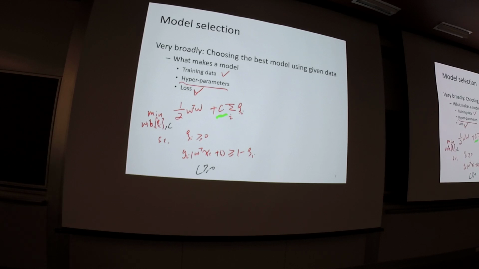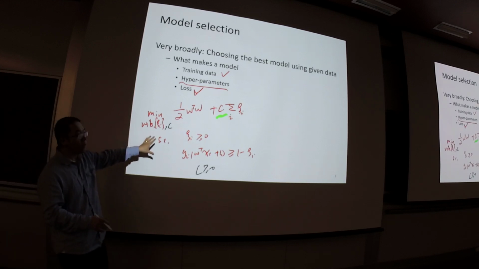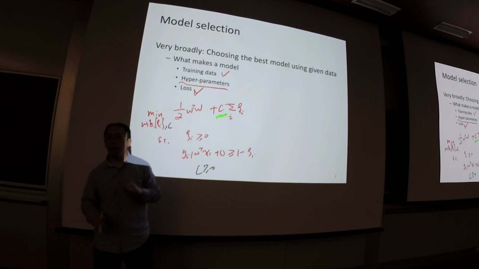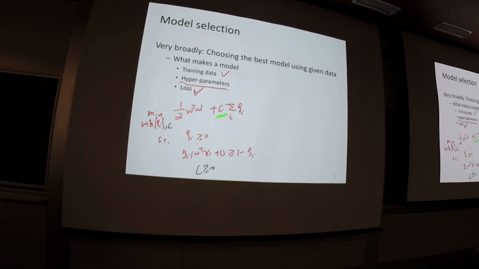No matter how you take W, B and the slack variables, if you want to optimize this objective function with respect to C, what's the best value of C? 0, right? Because the summation of these slack variables is non-negative. So if you want to minimize this objective function, you can simply set C equal to 0. That's it, the best C.